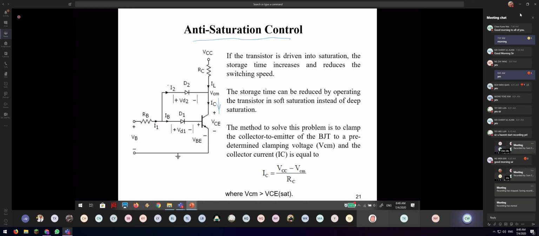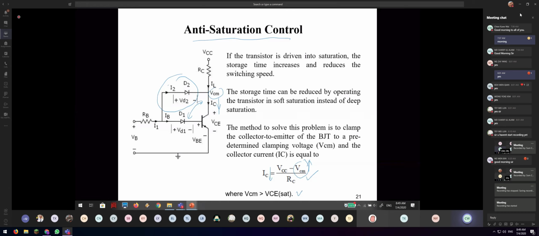This circuit is used to control the anti-saturation behavior, so that the feedback through the base to the collector will feed back with one VCM. They design it such that the VCM is higher than the VCE, so that the IC can be controlled by this formula. By increasing the VCM, I will be able to reduce the IC, like a clamp circuit. CM refers to clamp.